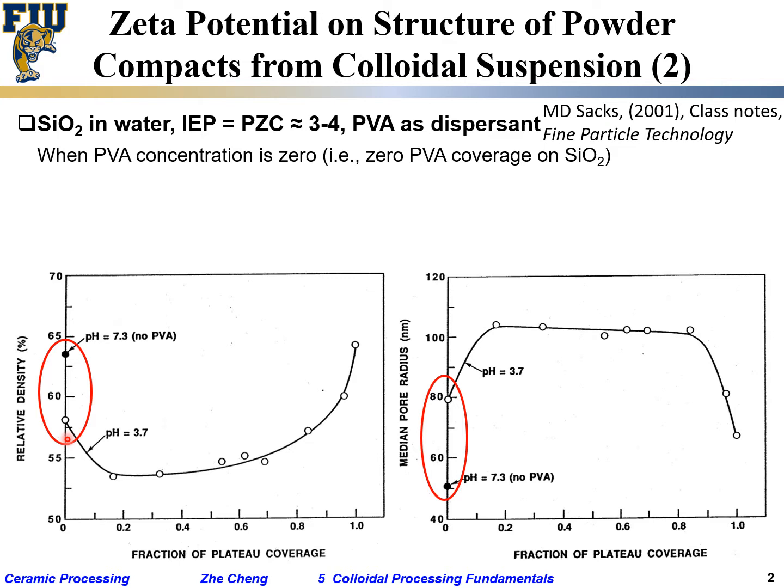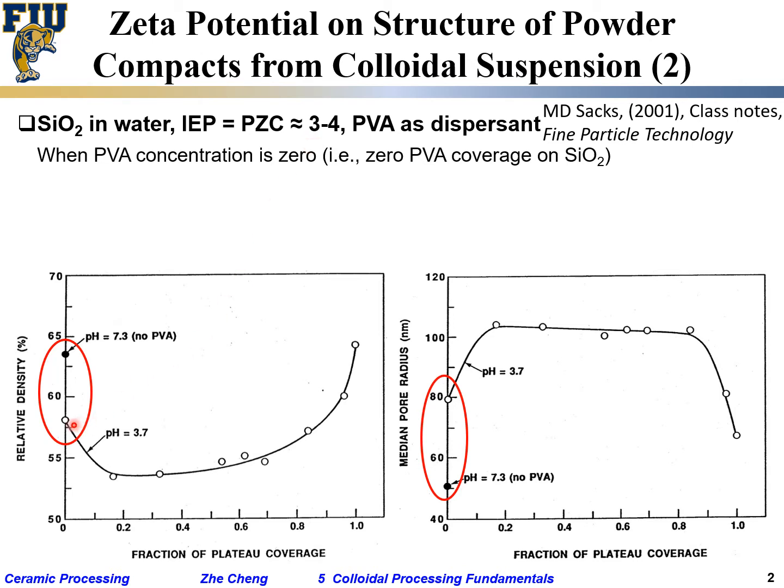And we have the suspension. What type of suspension? Silicon dioxide in water, but with different pH. One is pH equals 3.7, which means it is very close to IEP or PZC, which means point of zero charge.